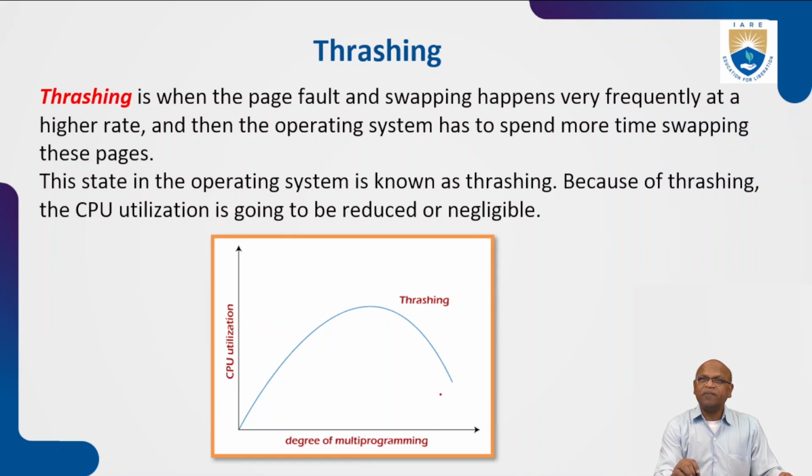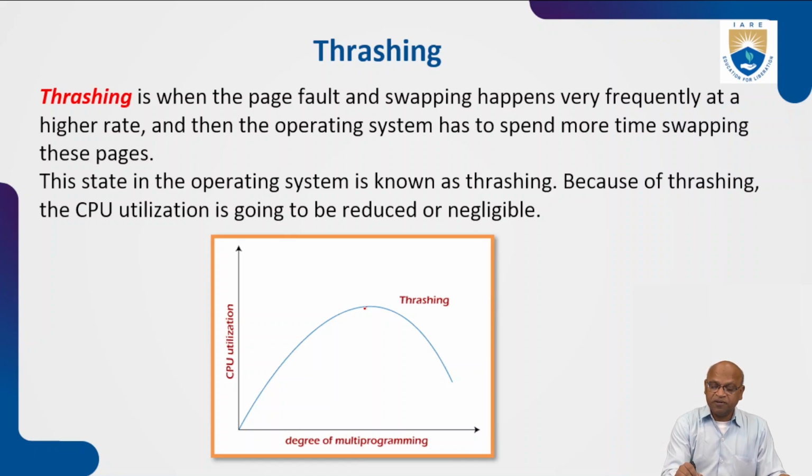Whenever a page fault occurs, the OS has to create space in the RAM and get that page from the hard disk. That takes time. If it is happening frequently in the system, then system performance will be hampered. So that is the main reason for thrashing.